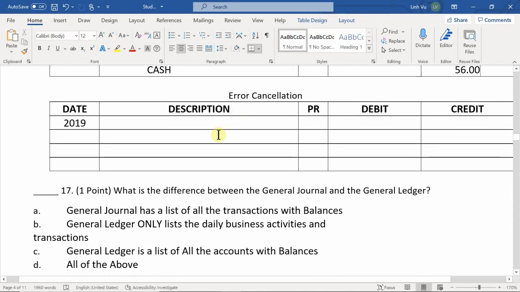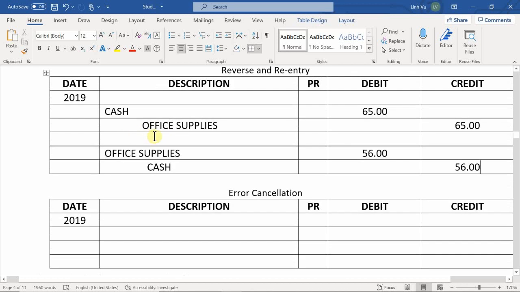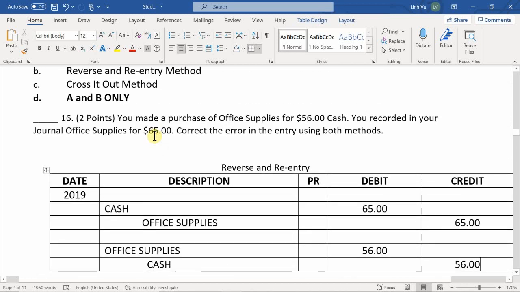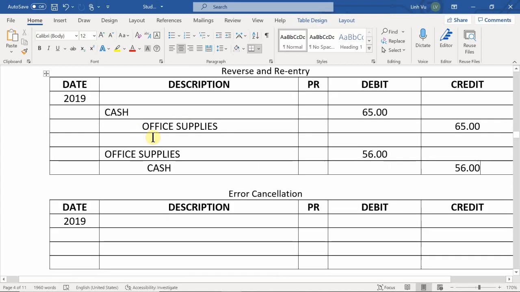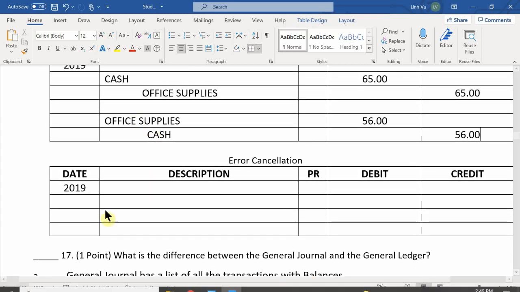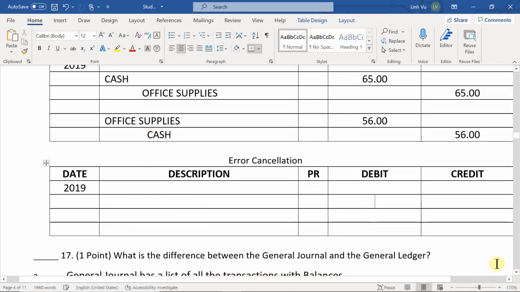So now let's go ahead and do the error cancellation method, okay? So what is the difference between 65 and 56? $9. Okay, so we know we have to put $9 somewhere. So I'm going to go ahead and put this in here, $9.